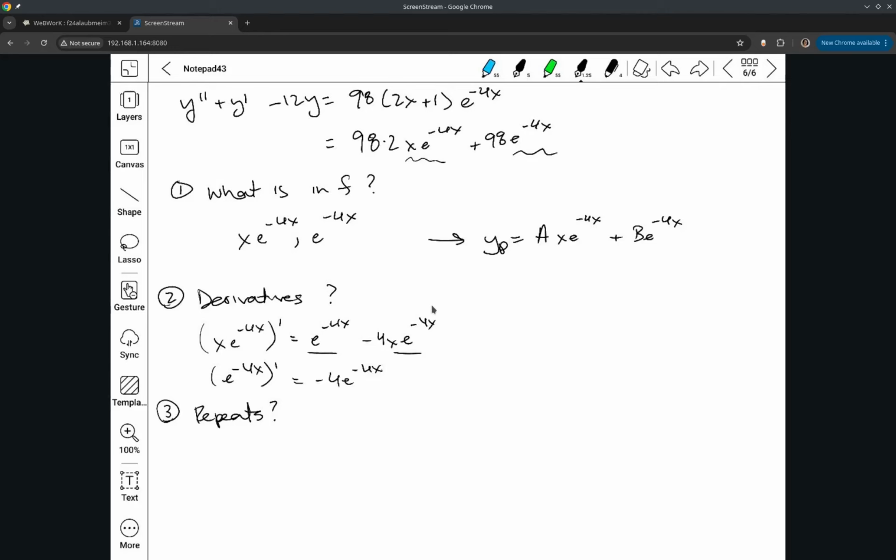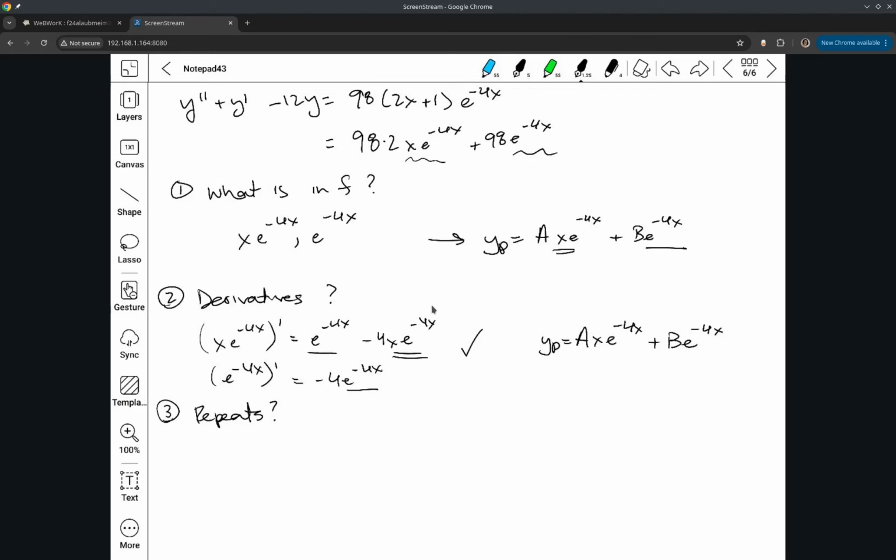So again, an e. So since I'm already seeing that e to minus 4x and x e to minus 4x show up in all my derivatives, I know that I don't need to make any changes. So my yp is still ax e to minus 4x plus b e to minus 4x.